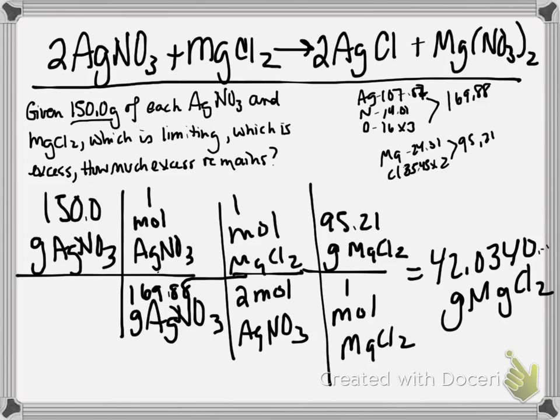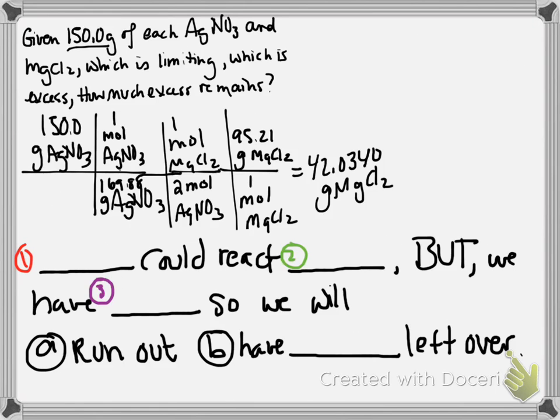So I'll tell you the honest truth. All these years of doing chemistry, and I screw this up, at least the first couple times I do it, unless I write a sentence. But over the years, I've figured out fewer ways to screw it up. So I have a tool for you, a technique, as it were. Blank could react blank, but we have blank. So we will A, run out, B, have blank left over.